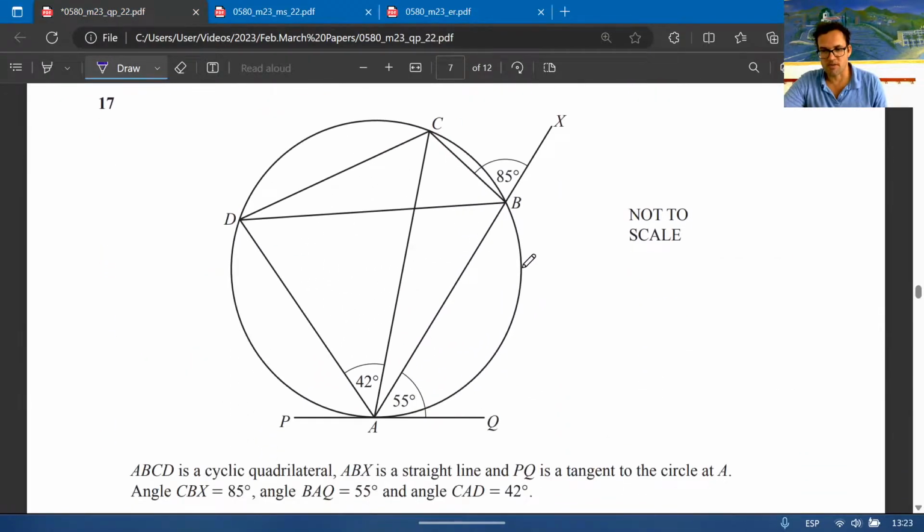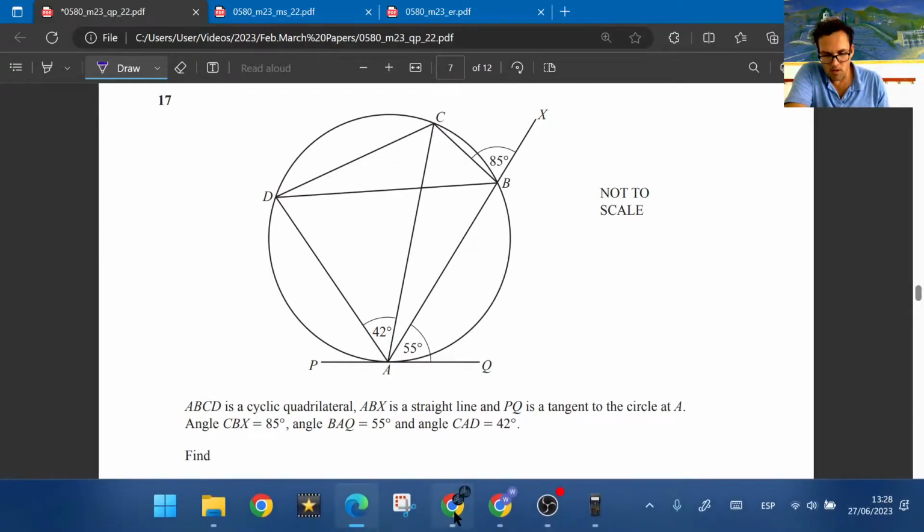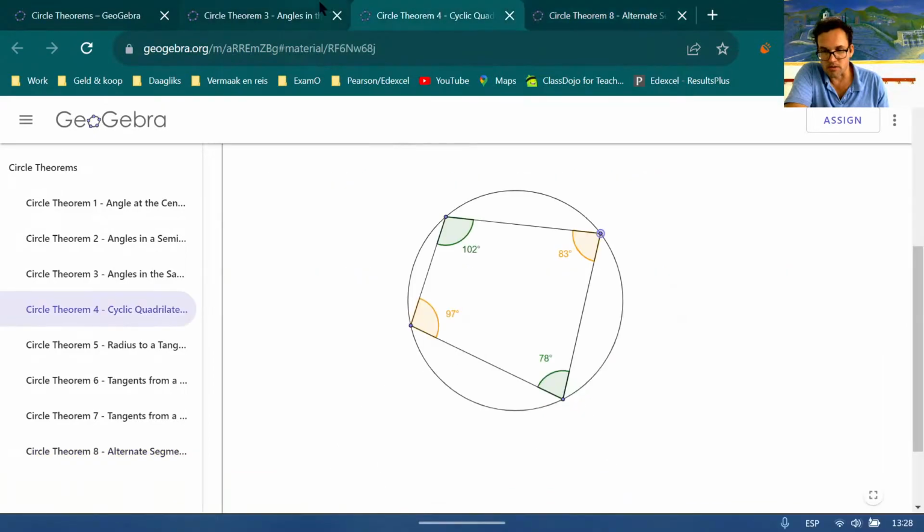Nice. Question 17. How beautiful these circle theorems are. So with circle theorems, it's very important to read every little piece of information they give you. They tell us A, B, C, this is cyclic quadrilateral. So immediately we need to think, what do we know about cyclic quadrilaterals? There we go.